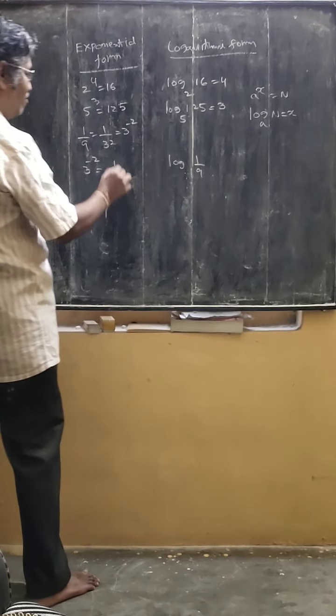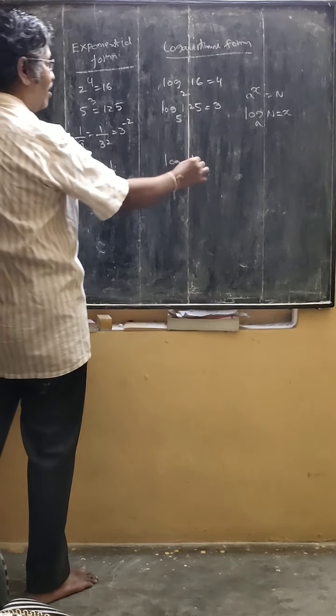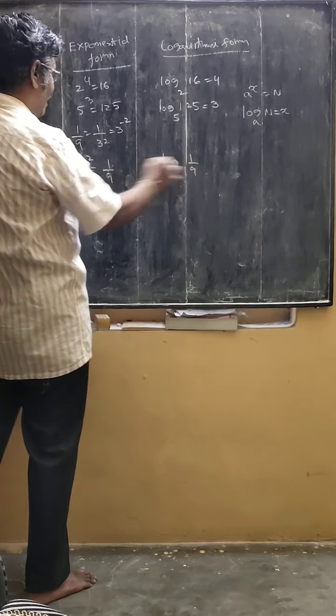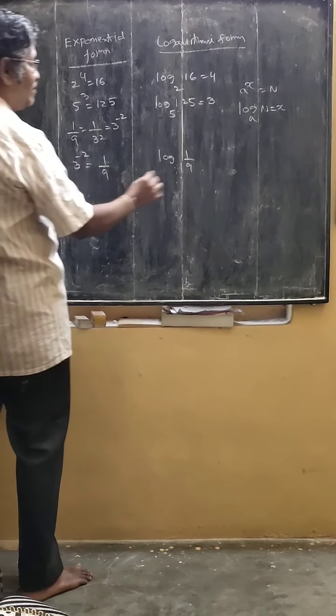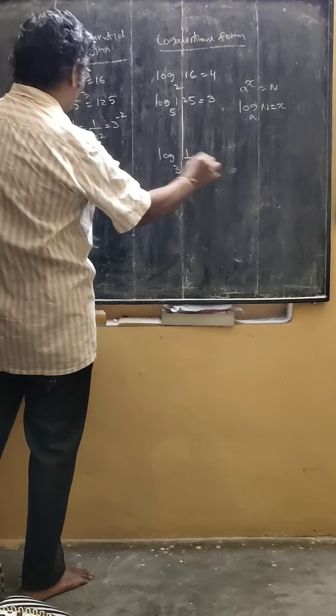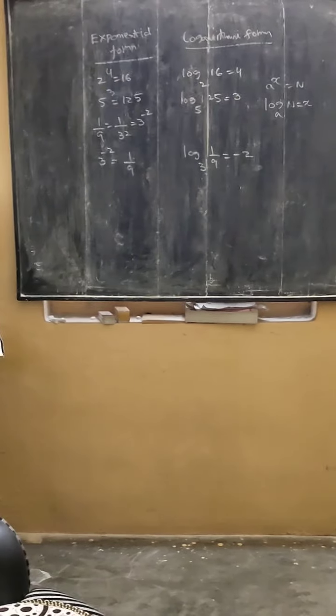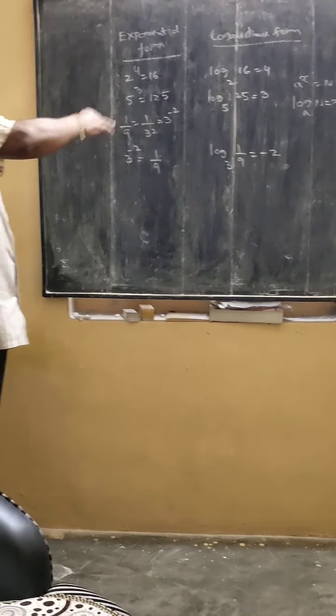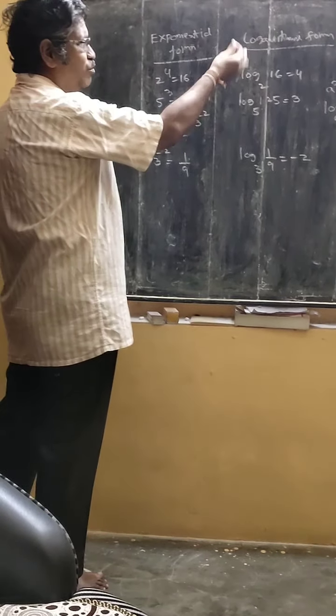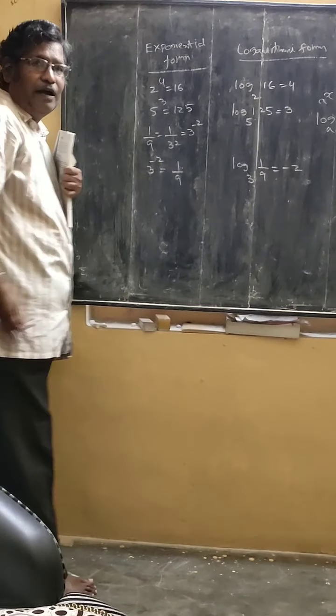Log 1 by 9 to the base 3 is equal to minus 2. Like that we can convert the exponential form to logarithmic form and logarithmic form to exponential form also.